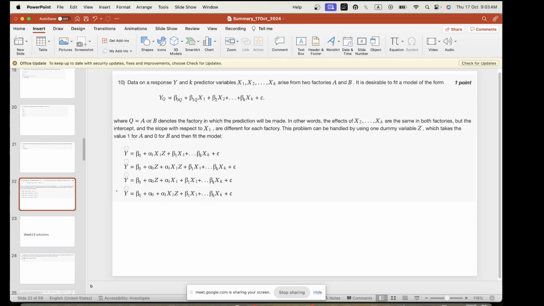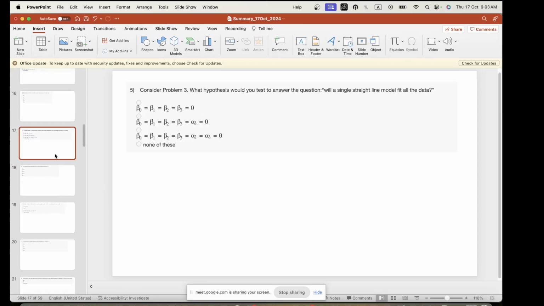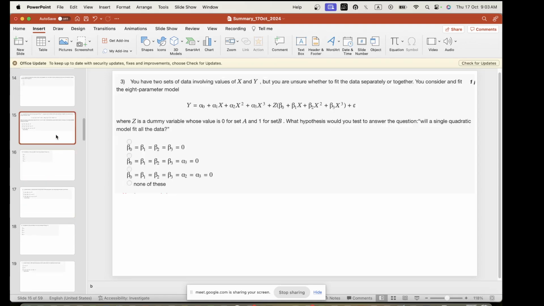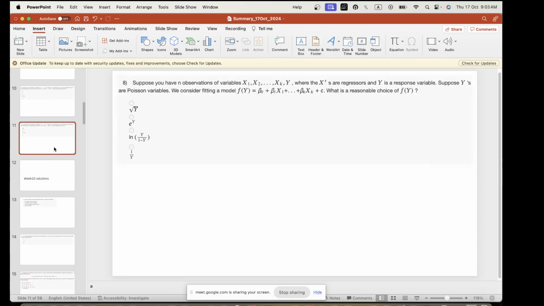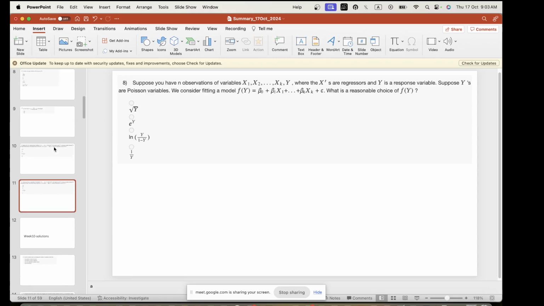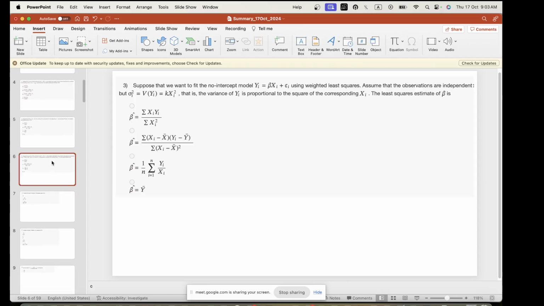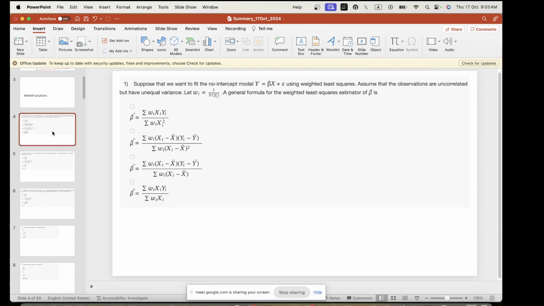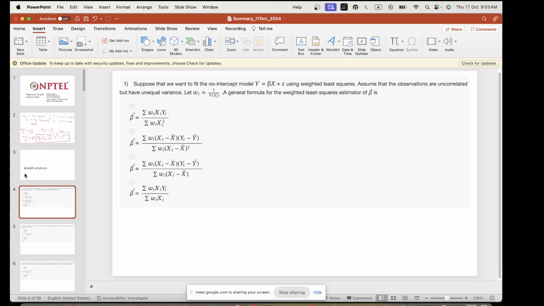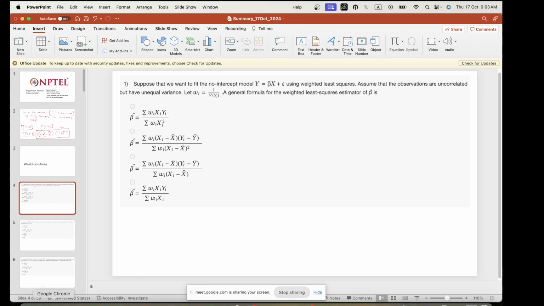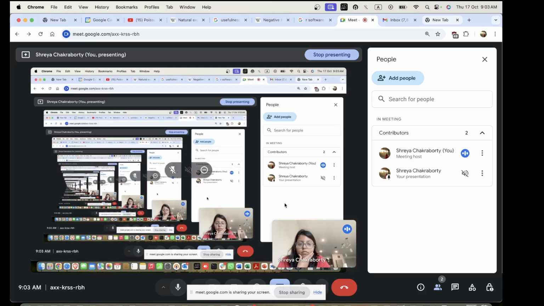Week 10 was more on the dummy variables and we had solved similar questions in the assignments, and week 9 was also about some sort of transformation which was mostly theoretical, and we also learned about weighted least squares and how it's a special case of the generalized least squares. So yeah, I think I have to stop the session now.